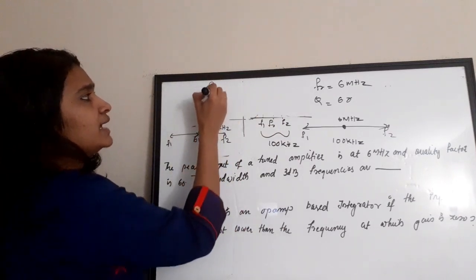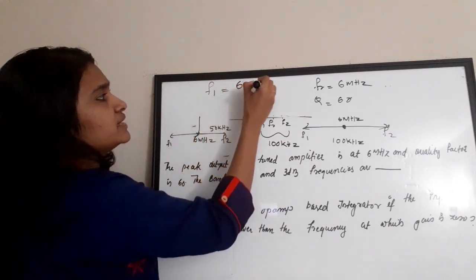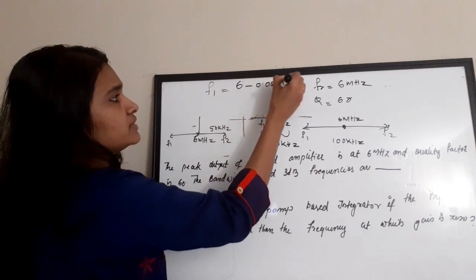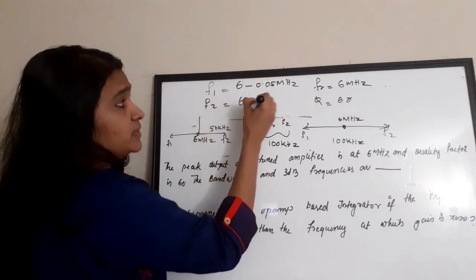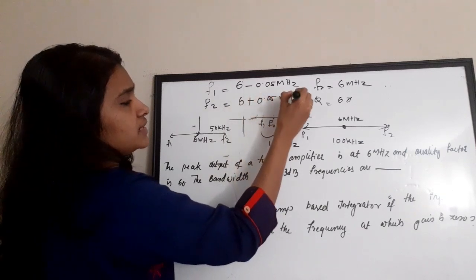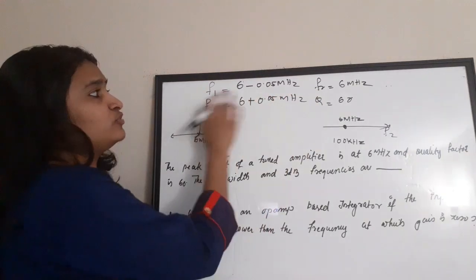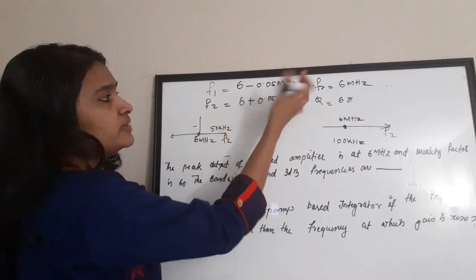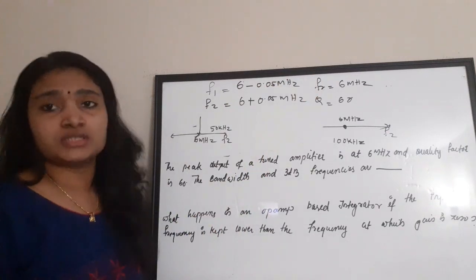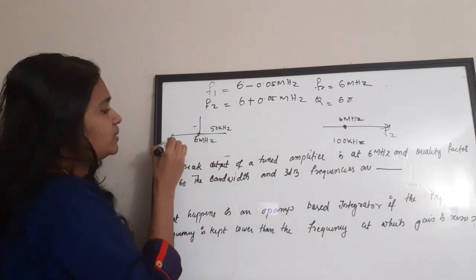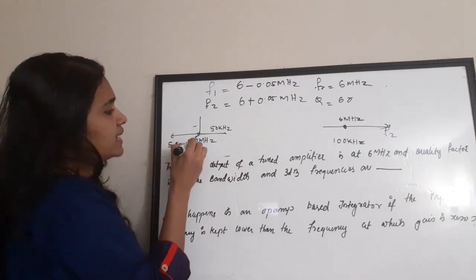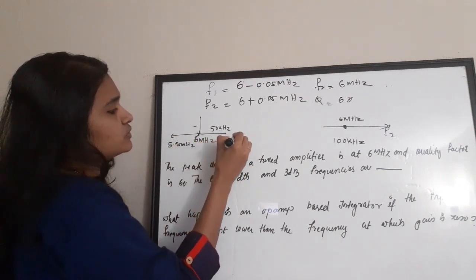So you can write F1 is equal to 6 minus 0.05 megahertz and F2 is equal to 6 plus 0.05 megahertz, right? So what is F1? F1 is nothing but 5.95 megahertz and F2 is 6.05 megahertz.